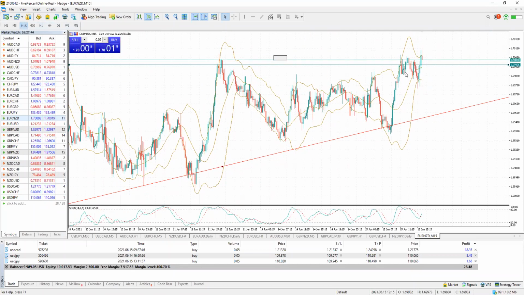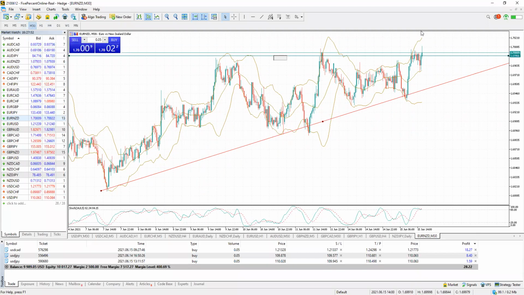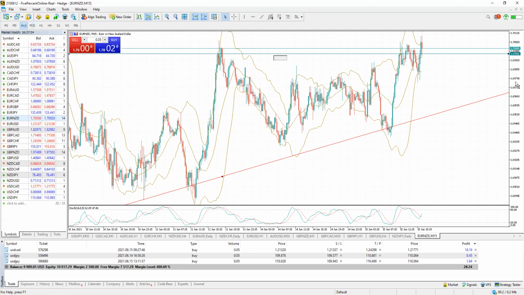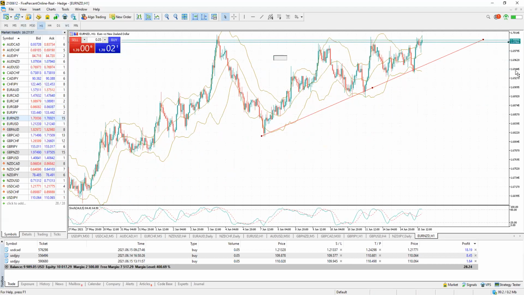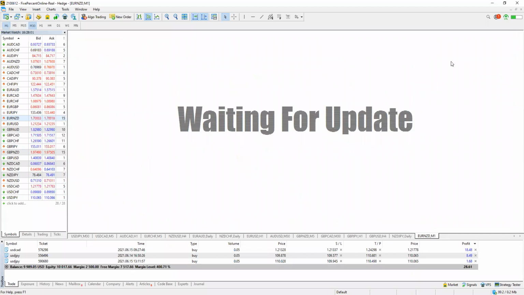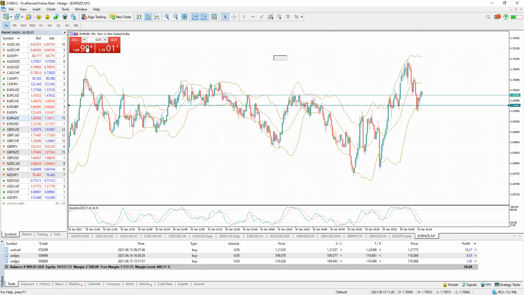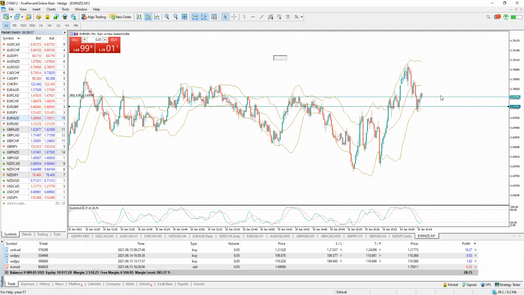But here a sell is not bad on a day trade with a tight stop loss, just above this high of today. Maybe we can enter a sell together here. I will check again. Yeah, I think we can enter a little sell position. I will put my stop loss just above the highest point.